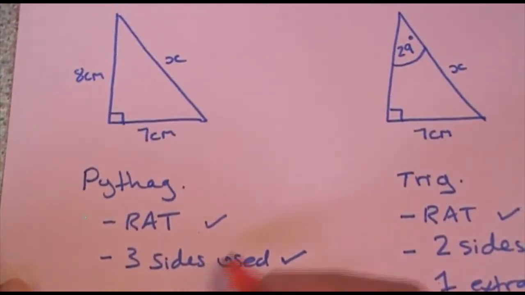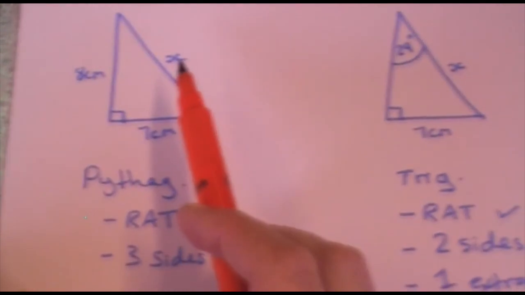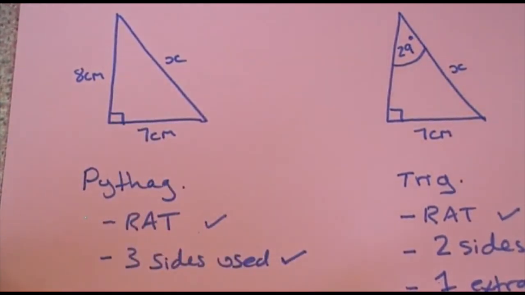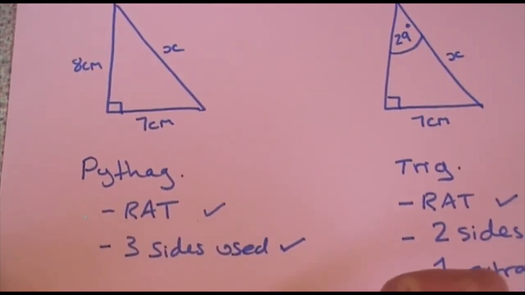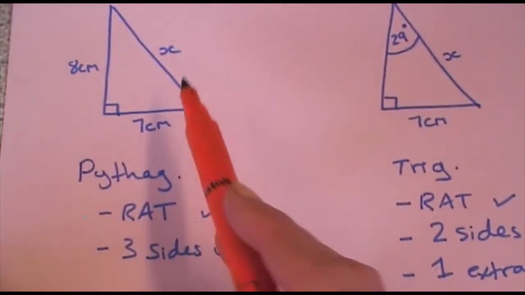So ever so quickly, let's have a look what Pythag tells us. Pythagoras says that the length of the longest side squared is equal to the sum of the 2 shorter sides squared. So in this case, I identify the long side, which is there, x.